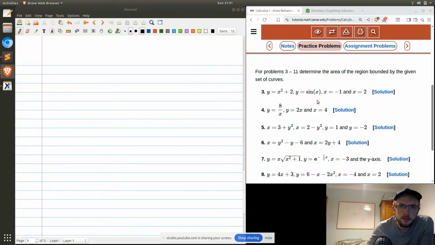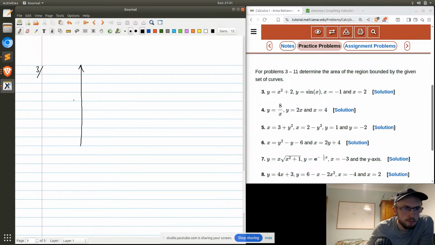All right, problem 3. Determine the area of the region bounded by the given set of curves, y equals x squared plus 2 and y equals sine of x. Here to here. Okay. So I want to get a mental picture of what it looks like.